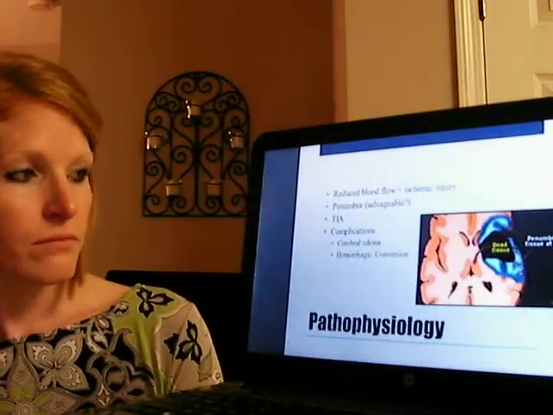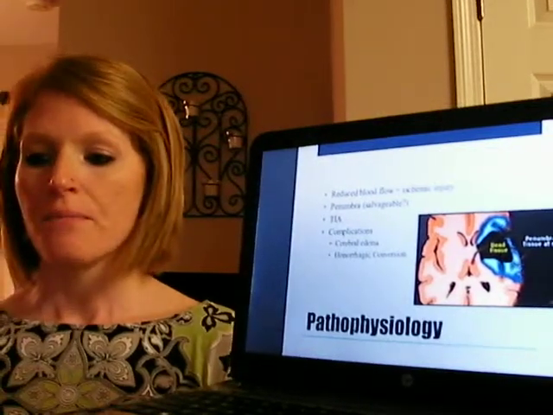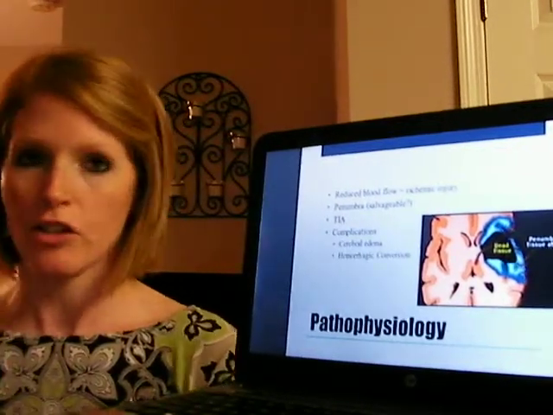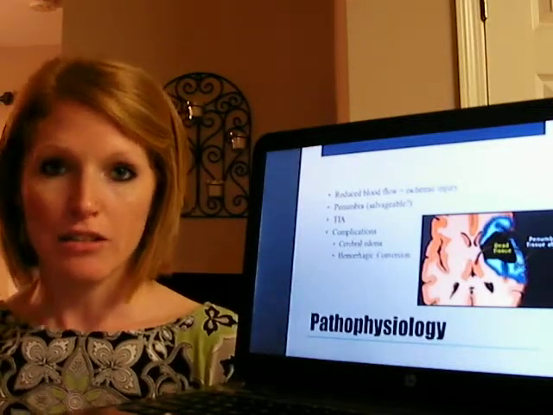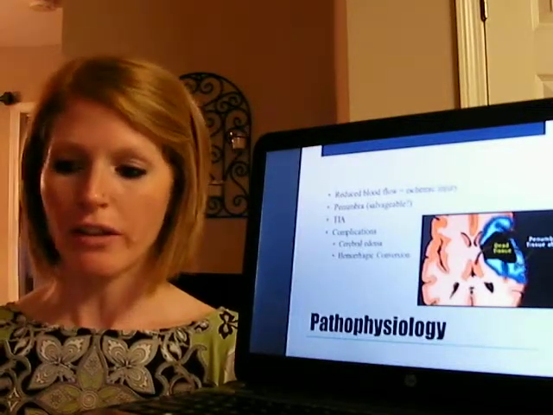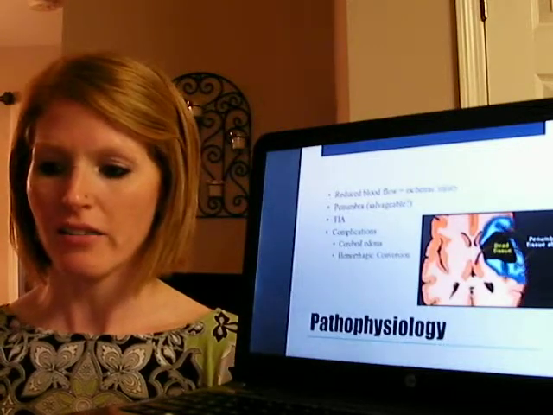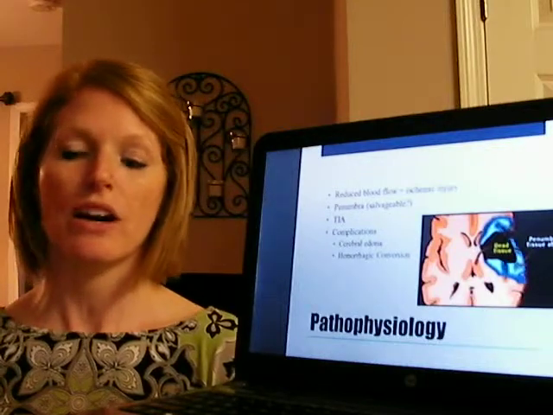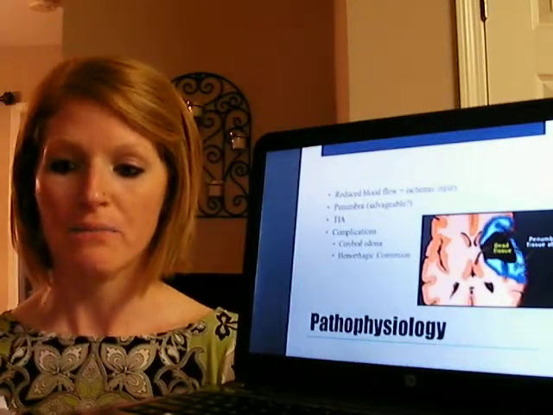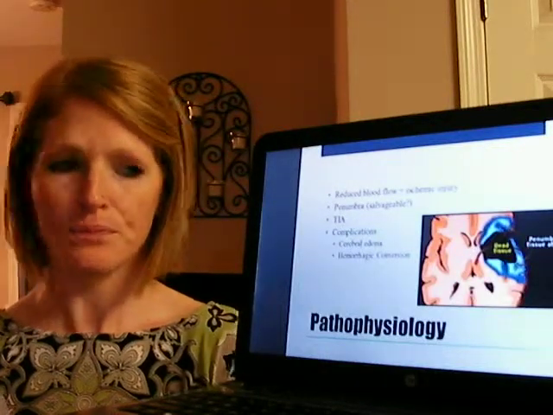So, pathophysiology. Reduced blood flow means you're going to have an ischemic injury. When a blockage, whether it's forming locally in the brain or came from somewhere else as an embolic event, decreases blood flow to a level insufficient to maintain adequate oxygenation to a portion of the brain, ischemia results.